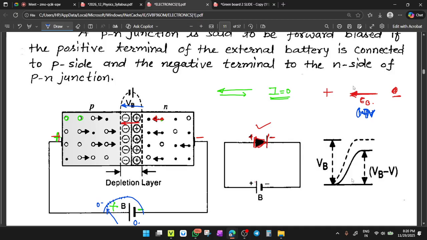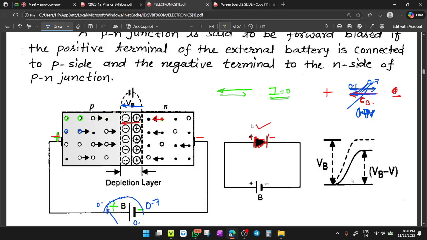So this is 0.1 volt from the battery VB. Now you have applied a voltage of 0.1 volt, then only a minute electric field will be there. But as you increase your voltage, a time comes when you have applied exactly 0.7 volt. Then what will happen? These electric fields cancel each other, and there is an open path for both the carriers.